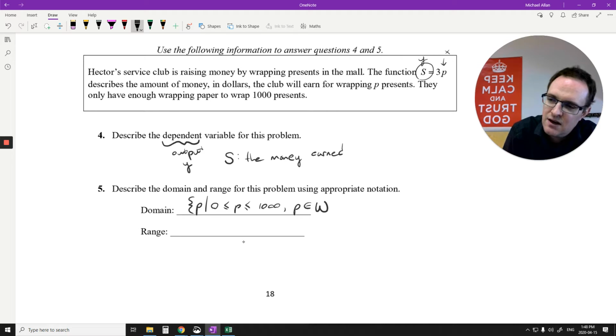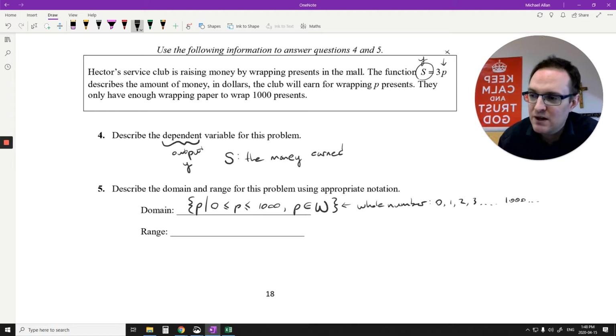So this is a whole number. So that W, remember, stands for whole number, which is 0, 1, 2, 3, all the way up to 1,000 in this case. You can go higher than that too. All right. Now we're using that just because we can't have half a present, right?